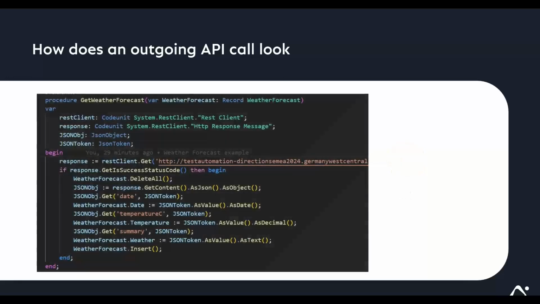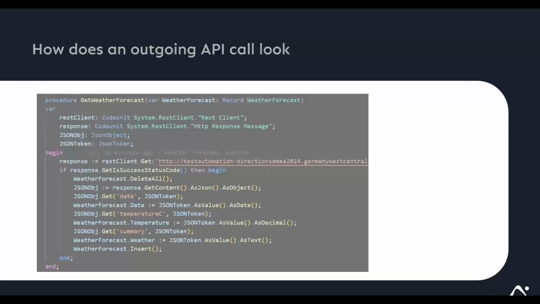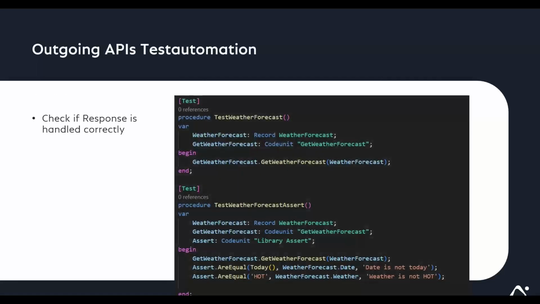For example, here I have my test. I have my processing codeunit, which is getting some data via the REST client, and then it processes the data and does something with the data. And the test is very simple. We just test if the response is correct.